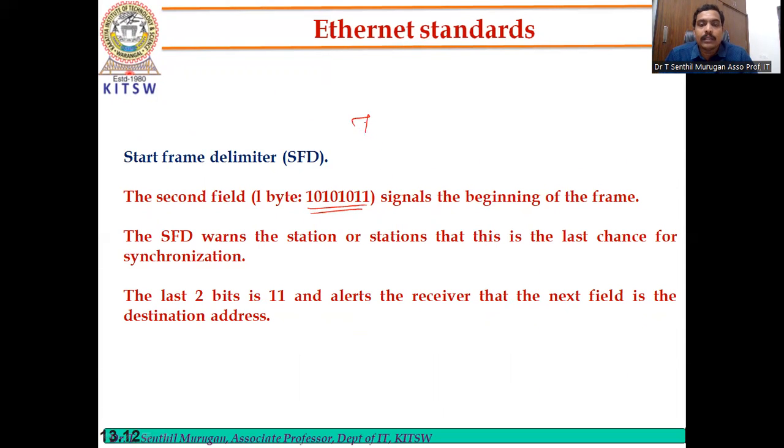So 7 for the preamble plus 1 for the delimiter. Once the destination receives 10101011, the destination understands that the next bits represent the destination address.